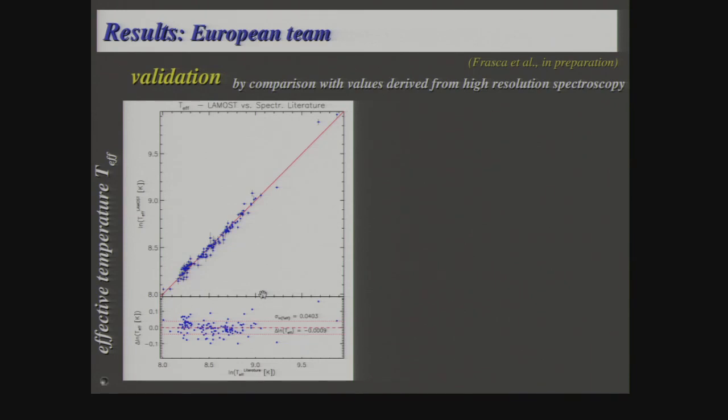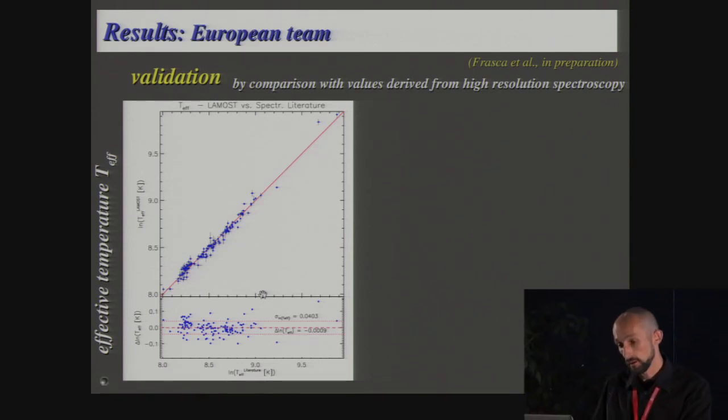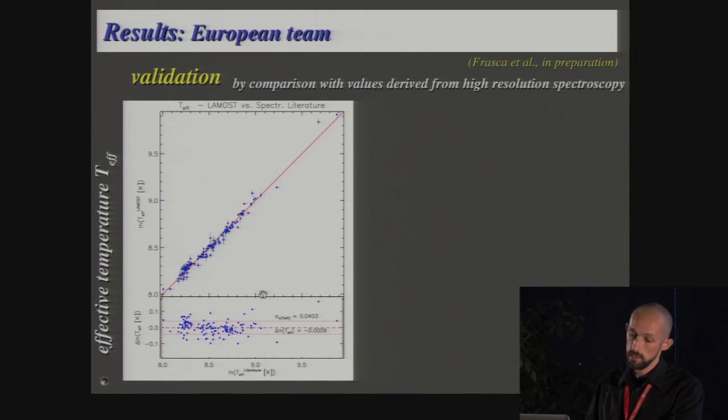We try to validate our results by comparing our parameters with those that can be found in literature based on high resolution spectroscopy. So this is the situation for effective temperature, which looks rather nice. So here I show you our results, and on top are the literature results, and here are the differences.